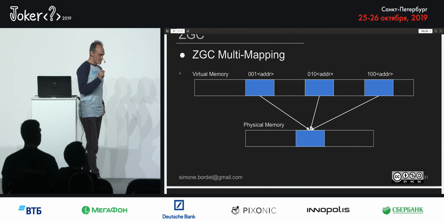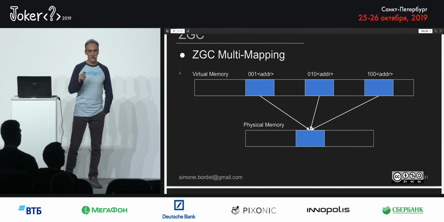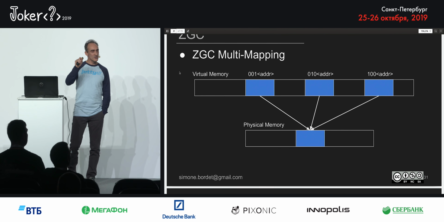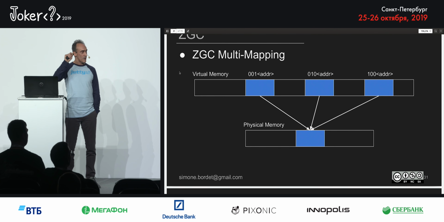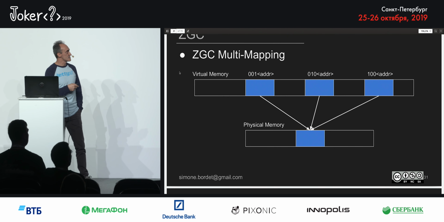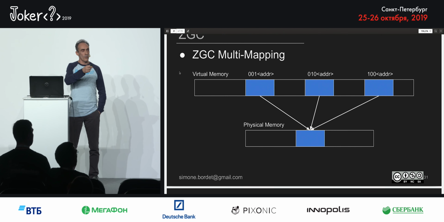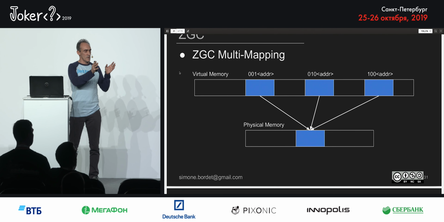There's one little glitch, though, of using colored pointers. So if you change the bits of a pointer, what happens? Well, if you look at this diagram, you see that if you have a pointer that says 001 and then some address, then I am in a certain region of the virtual memory.